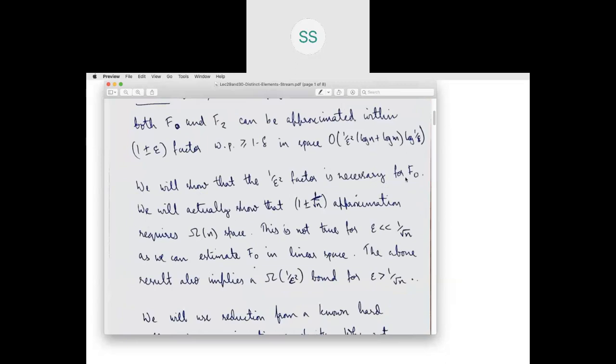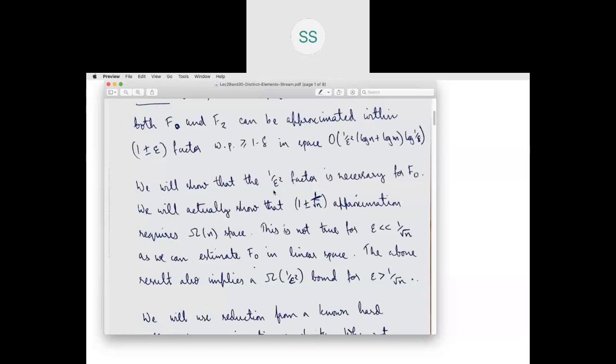So what we will actually show in today's lecture and the next lecture is that for a 1 plus or minus epsilon approximation, where epsilon is equal to 1 divided by square root n, such an approximation requires linear space. When epsilon is 1 by square root n, then 1 by epsilon square is n. So we will show that in the case when epsilon is 1 by square root n, it requires linear space, which is actually equal to 1 by epsilon squared space.